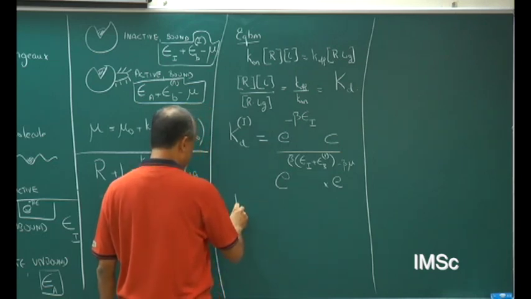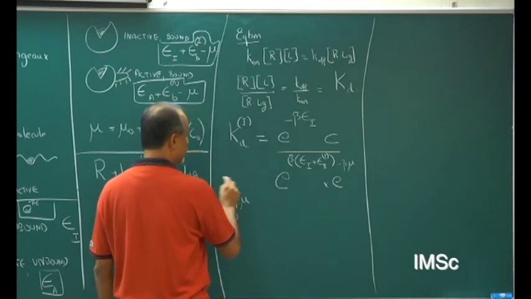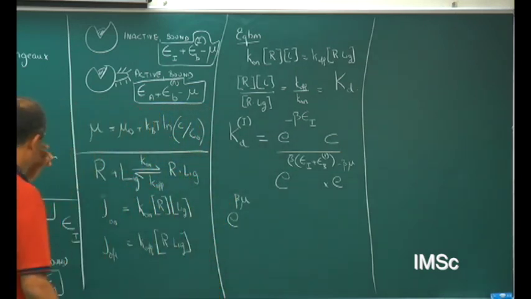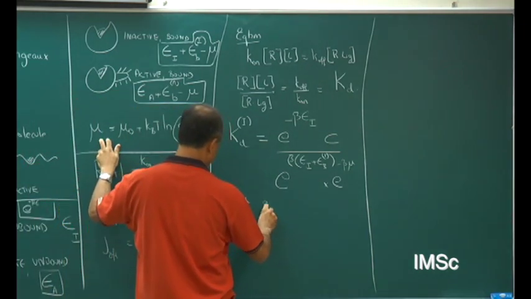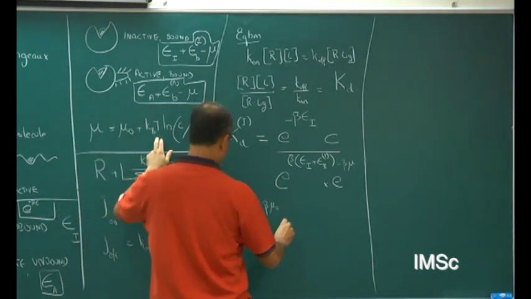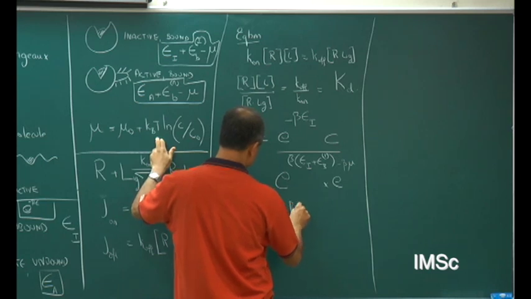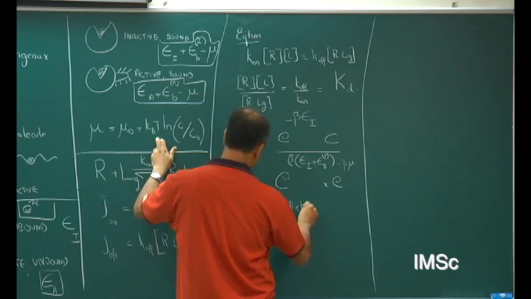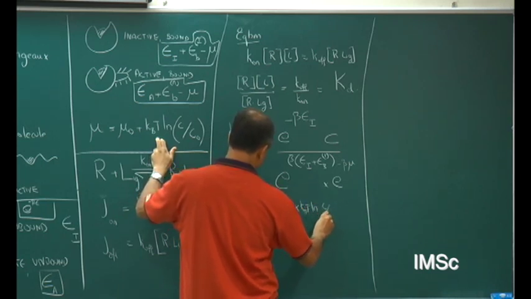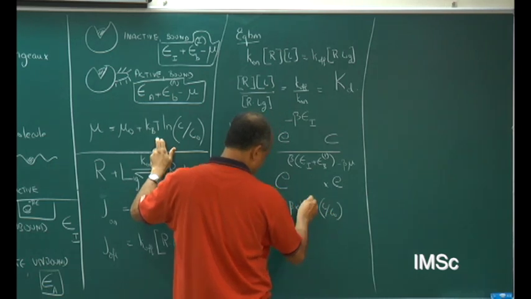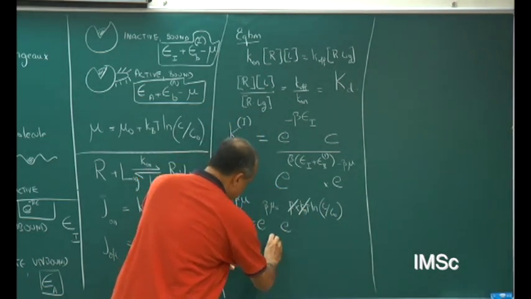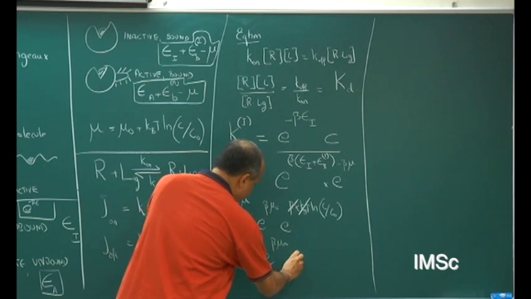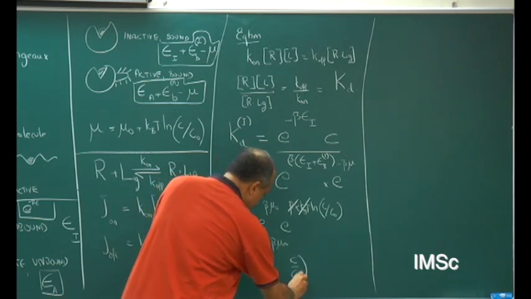So e to the power beta mu is e to the power beta mu naught times e to the power beta times kBT log of C divided by C naught.